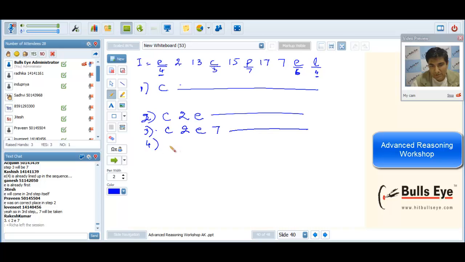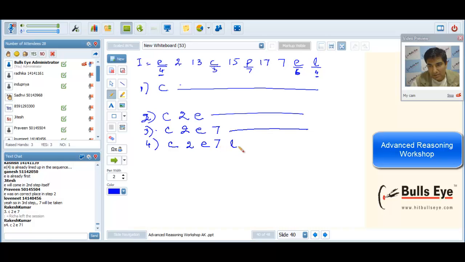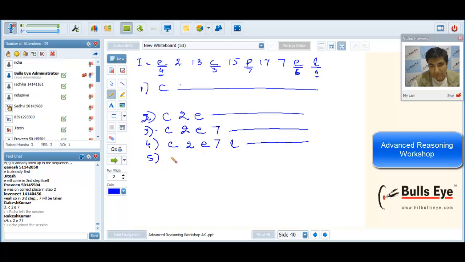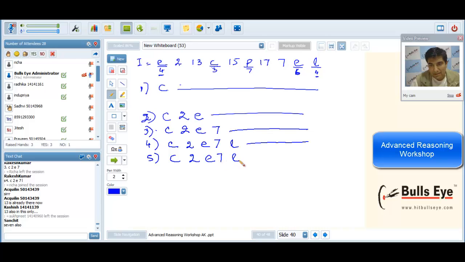In the fourth step, we should have C, 2, E, 7, L. Then in the fifth step, we should have C, 2, E, 7, L, then we should have 13.